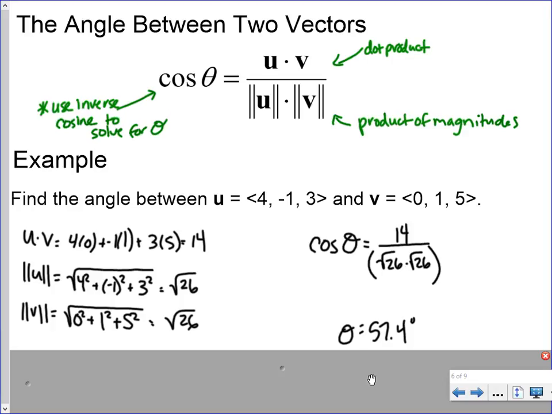Okay, so type it in and make sure that your calculator works. Yep. If you just do the right side, it's like 0.53846 and so on, and you have to inverse cosine that. Anybody having trouble getting 57.4?